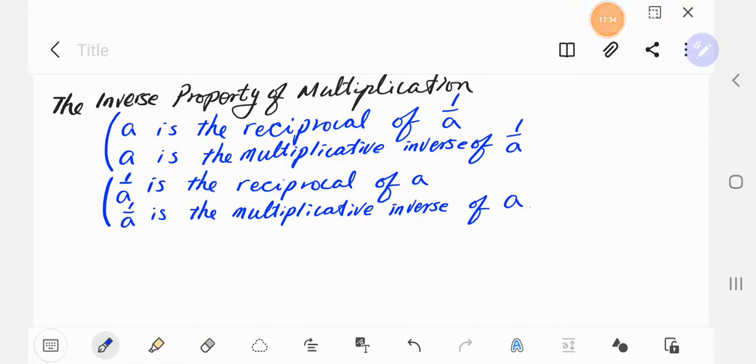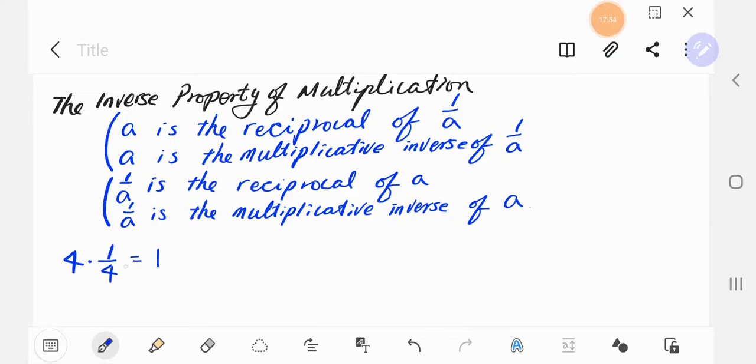Okay, the inverse property of multiplication. This means when you multiply two numbers, the result will become 1. So, for example, here is the number 4, and 4 times 1/4 is equal to 1, right?